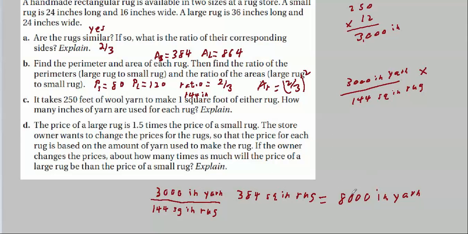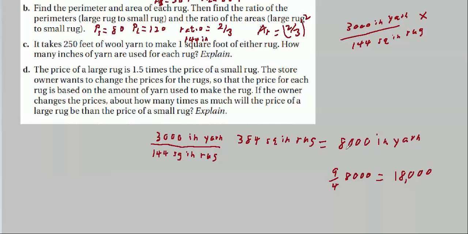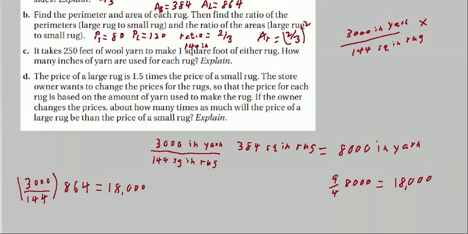If I multiply this by 9/4, I should get exactly the same thing I'll get when I multiply this by 864. So if I do it this way, I get 18,000. And if I do it the long way, I still get 18,000.